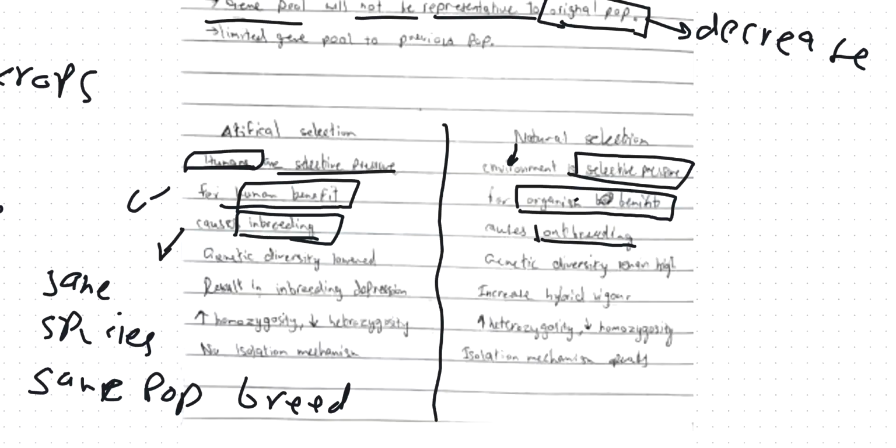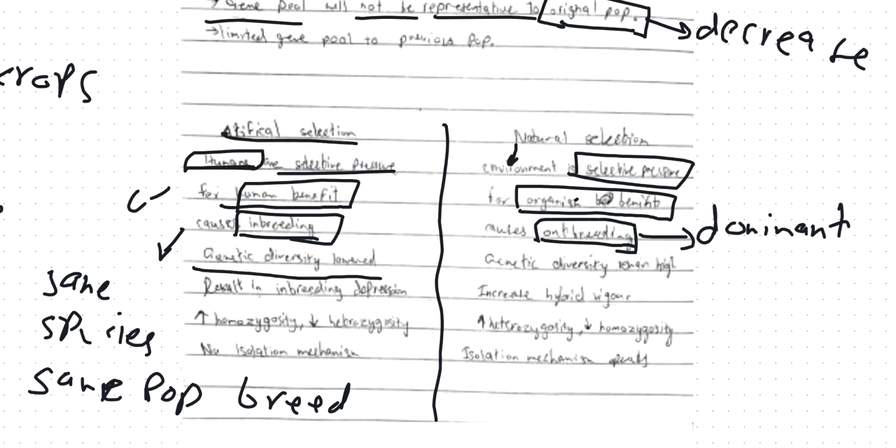And outbreeding is good because it causes the dominant allele to be expressed. And also remember that artificial selection causes a decrease in genetic diversity, but natural selection causes the genetic diversity to remain high. And also, artificial selection increases homozygosity but decreases heterozygosity.